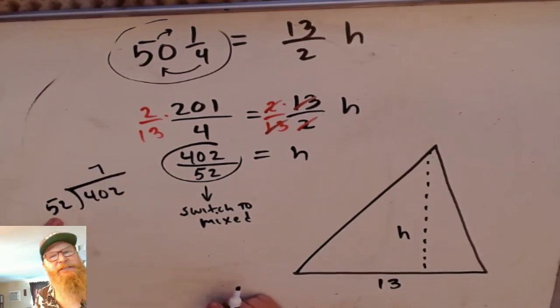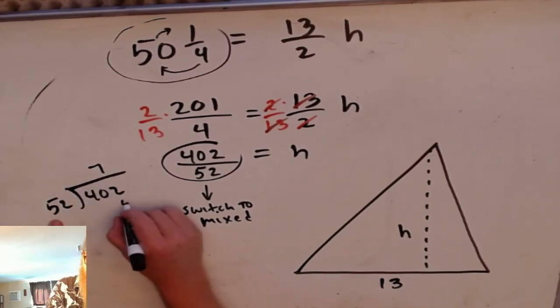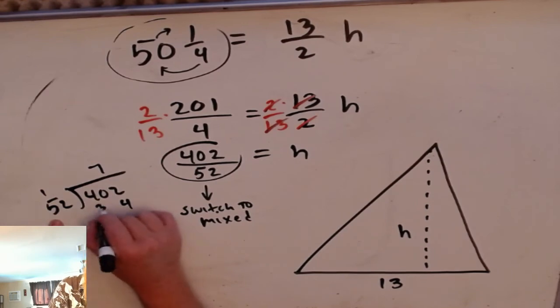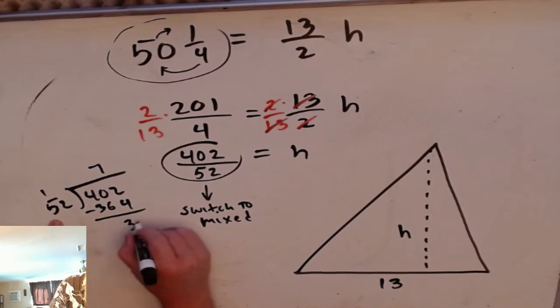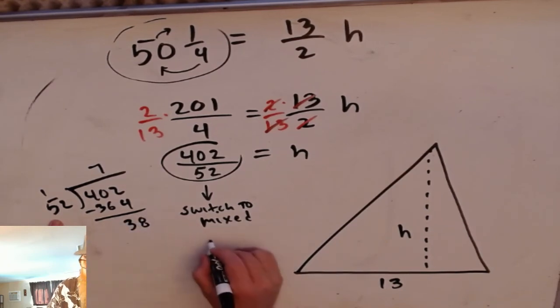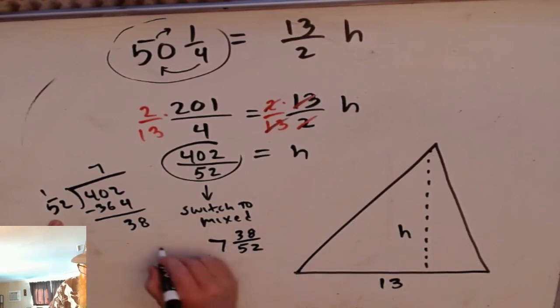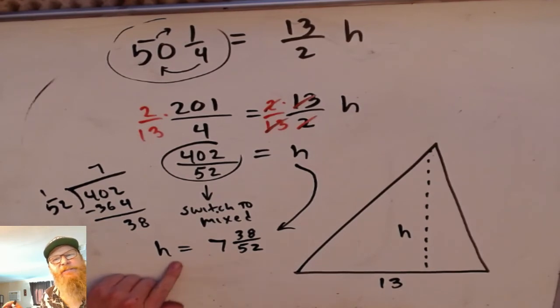I think 8's too many. 7 times 2 is 14. Carry the 1. 7 times 5 is 35. Plus 1 is 36. With a remainder of 38. So it's going to be 7 and 38 fifty-seconds. That's your h. I'm just writing it in the standard form.